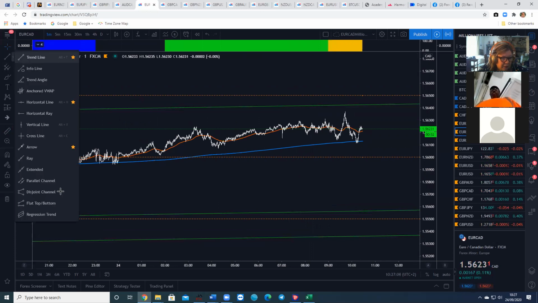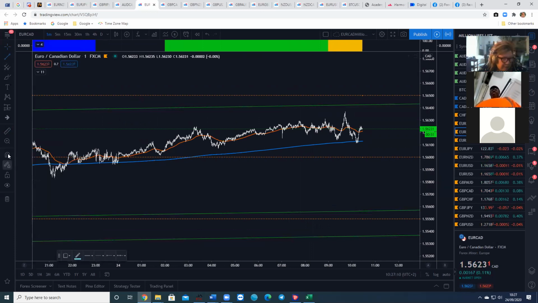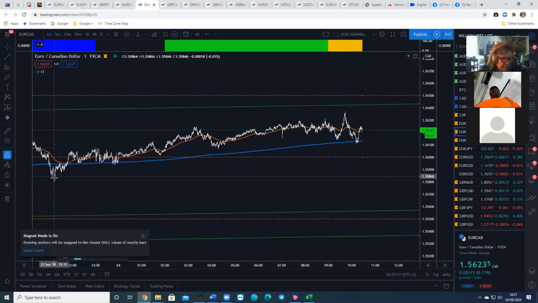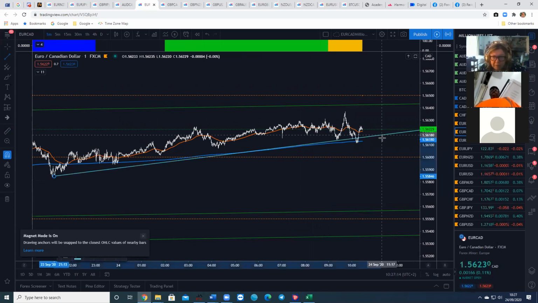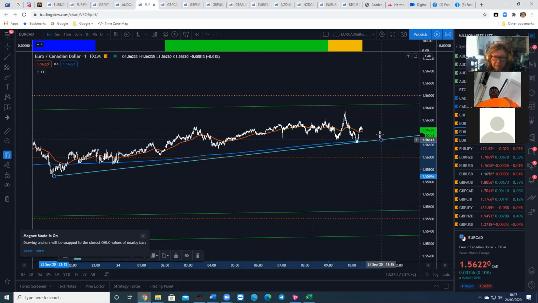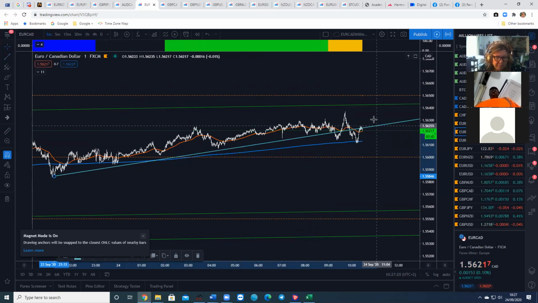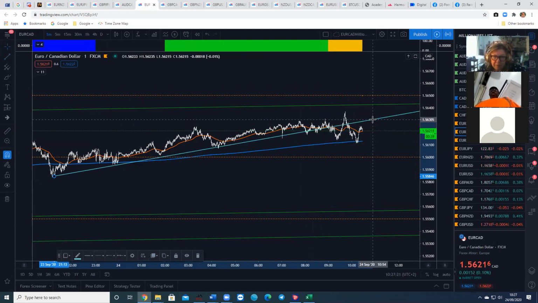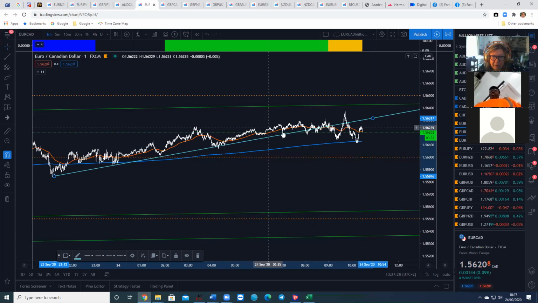And here's our trend line, anchor it down here. And that indeed is an upward trend. If we draw it, you can have touches either side, so you can have touches underneath or to the top side.